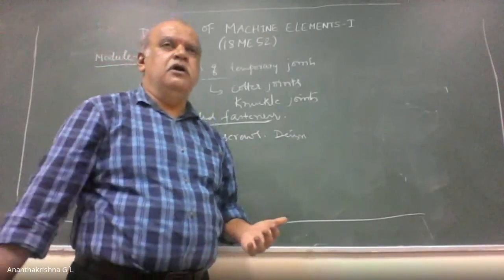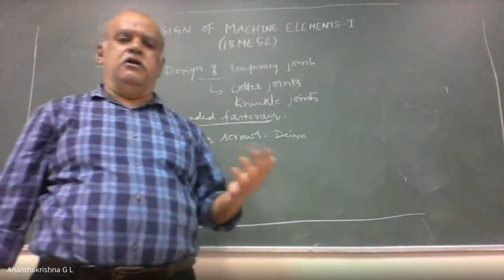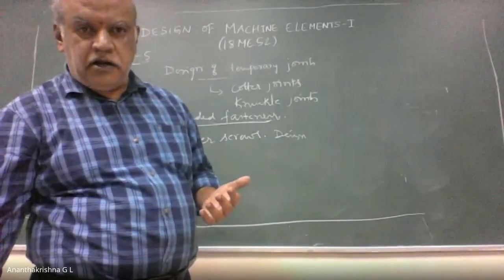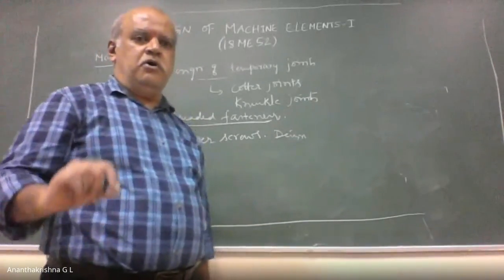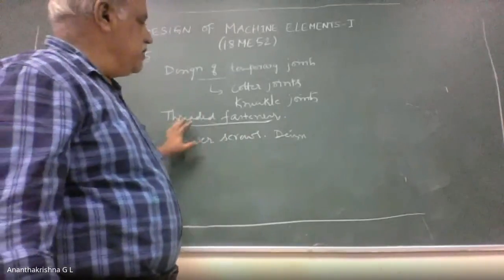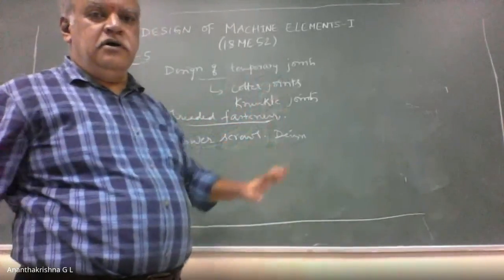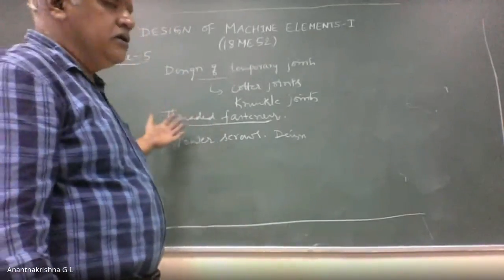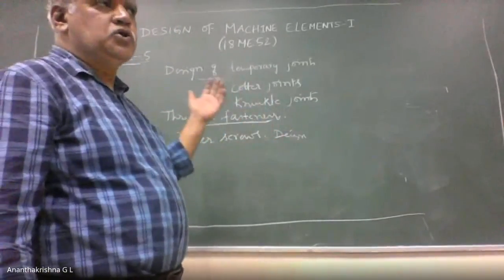This you would have learnt in your metrology lab probably, about various thread angles and so on. So we are going to learn about stresses in power screws. Then we are going to learn about efficiency and self-locking. And we are going to learn to design the power screws.